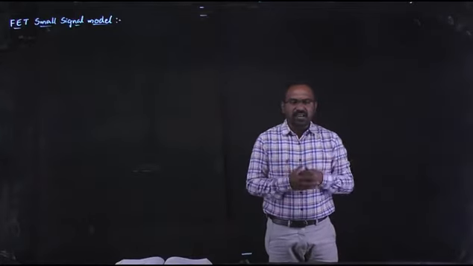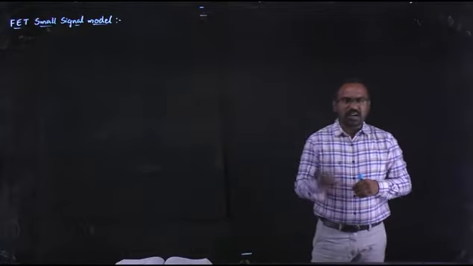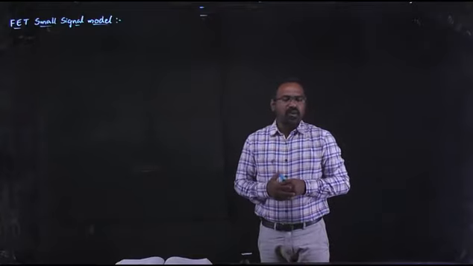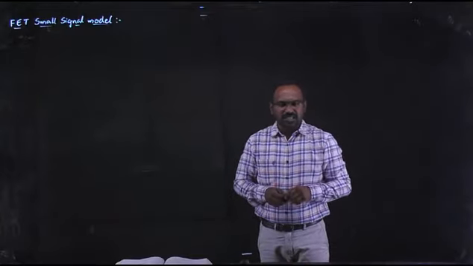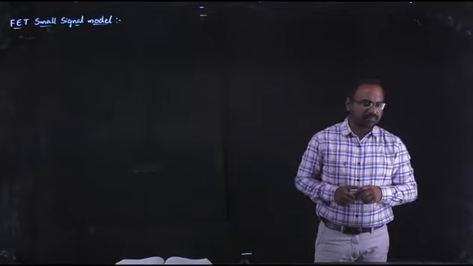That is why we classify into two types: small signal analysis or low frequency analysis, and high frequency analysis. Why? Because in the high frequency analysis, the capacitance effect is going to exist.